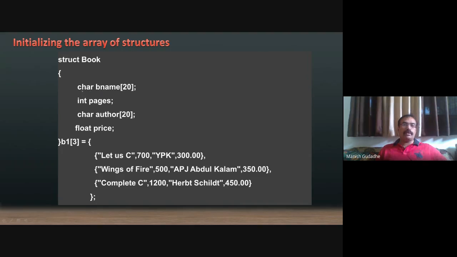The structure book has a character array of size 20, which is the name of the book. Another is an integer, which is the pages, which will take 4 bytes. Another 20 characters are reserved for the name of the author, and a float price is taken.